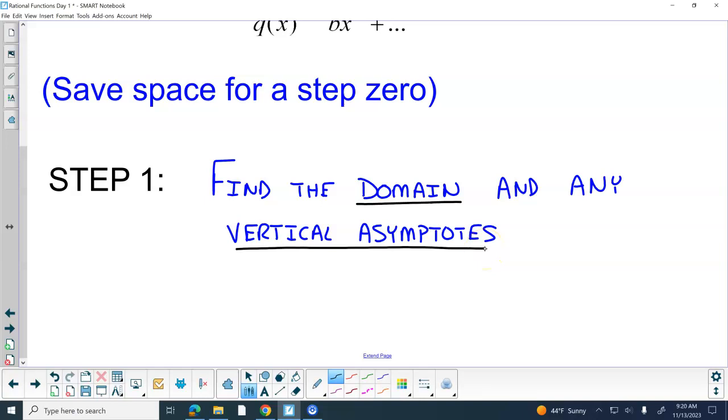How are we going to find the domain and any vertical asymptotes? Well, we are going to set our denominator equal to 0 and solve.